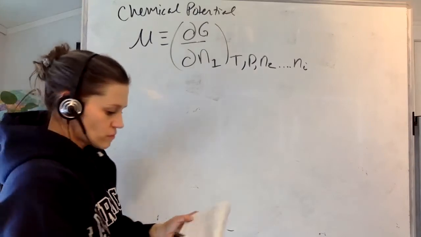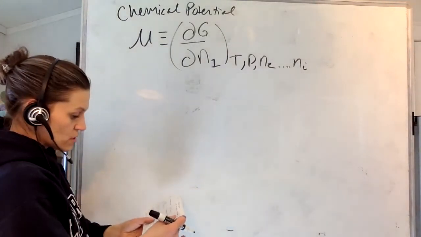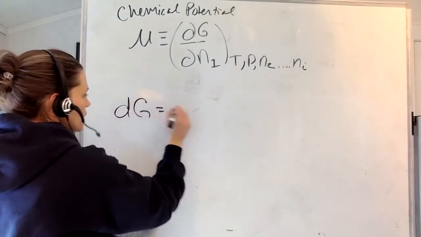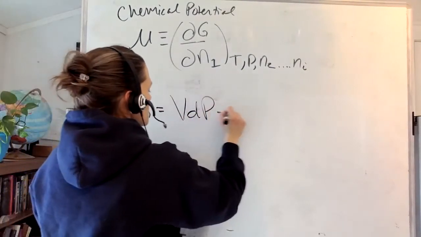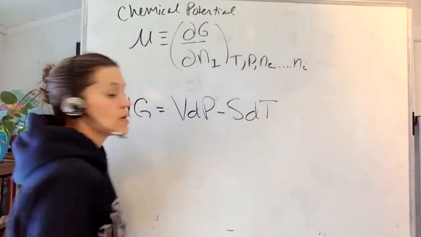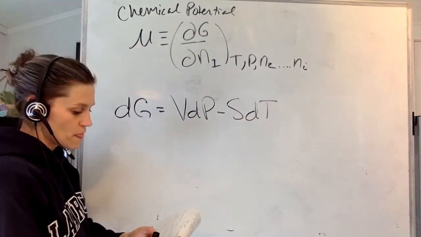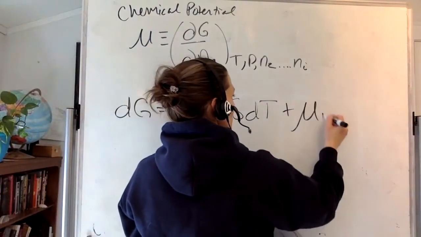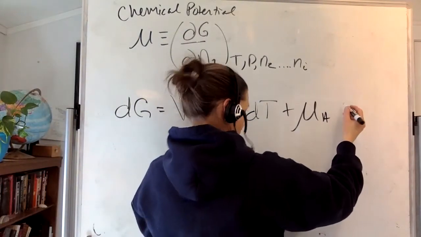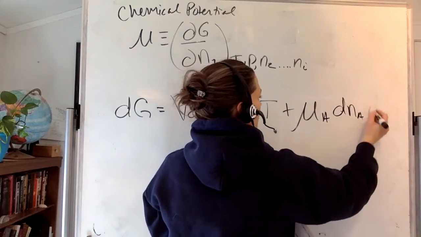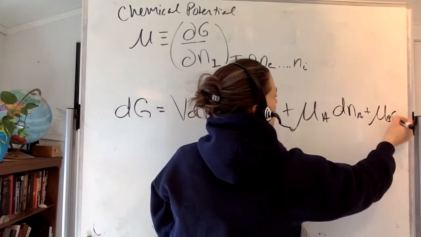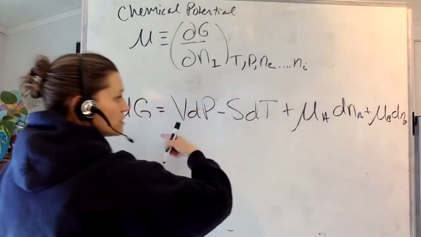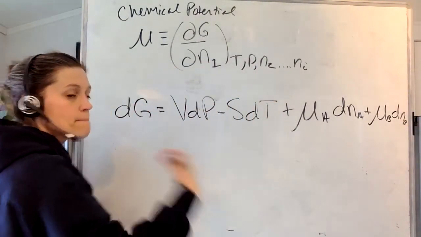Cool? Okay, so we have dG equal to V dP minus S dT for a one-component system, but we also have plus mu_A dN_A plus mu_B dN_B, where this originates from having multiple components.